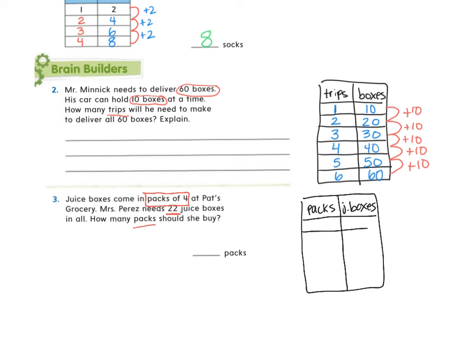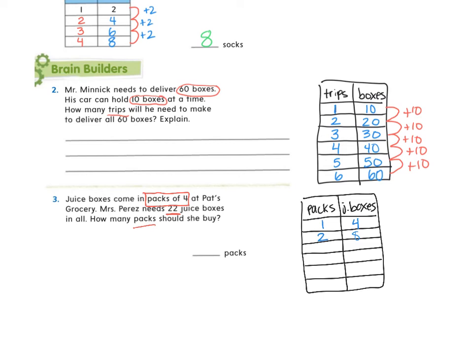So every time I add a pack, it's 4 juice boxes. That's what they're telling me here. So I'm going to say 1 pack is 4 juice boxes. Let me just draw a few more on our table, okay? So that means if I have 2 packs, how many juice boxes is that? Well, it's 4 more juice boxes. That makes 8 altogether.